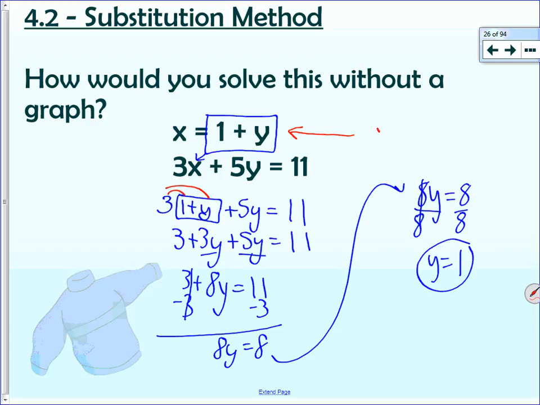So x equals 1 plus y. So y is 1. That's what I found right here. So x equals 2. So my ordered pair, my solution, is 2, comma 1. X is 2, so y is 1.